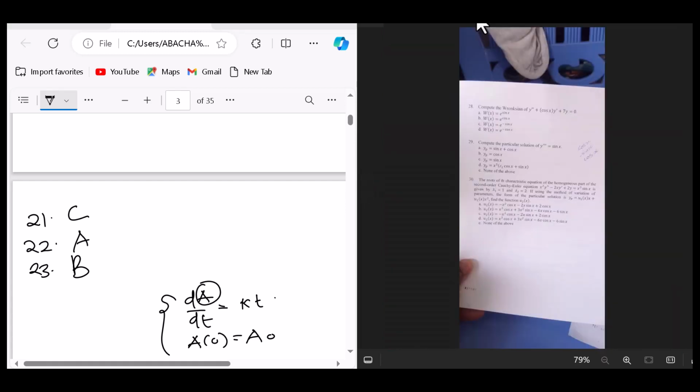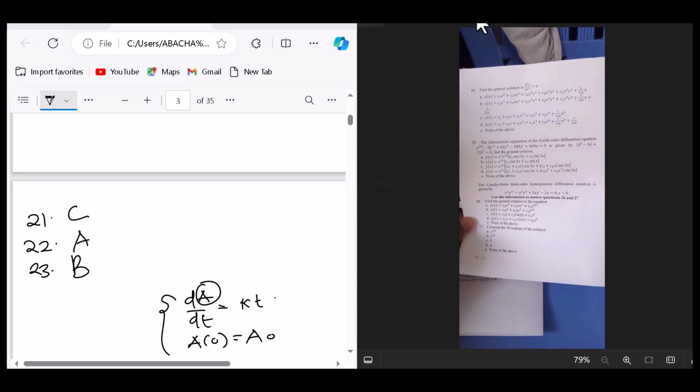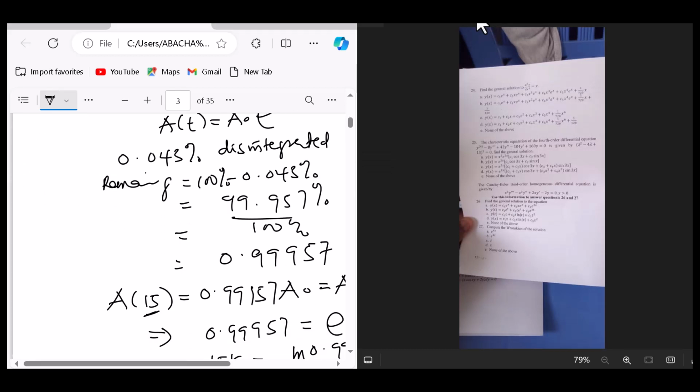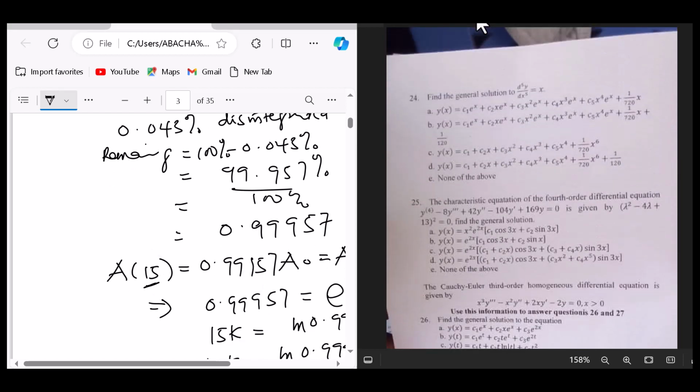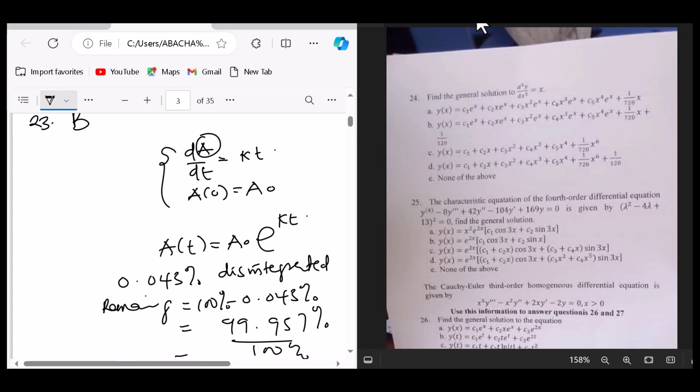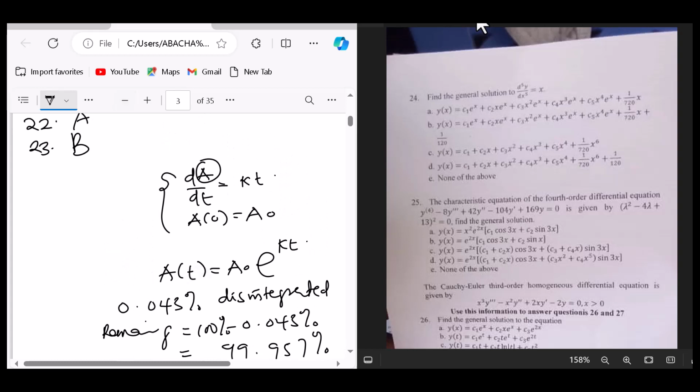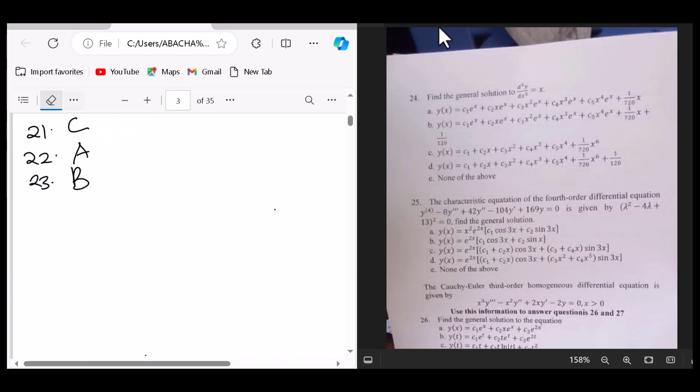That will be 24 going. Okay. So question 24. It's kind of, let me clean this part. d^5 y/dx^5 equals x.